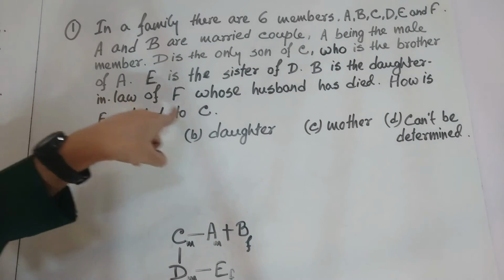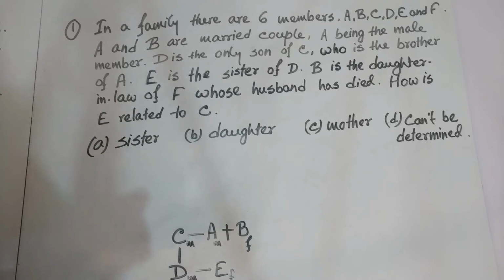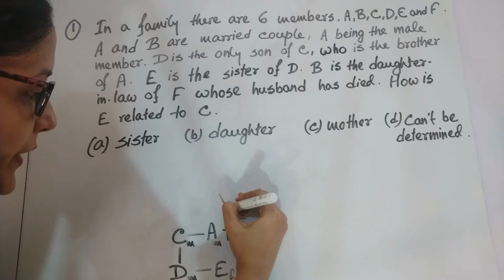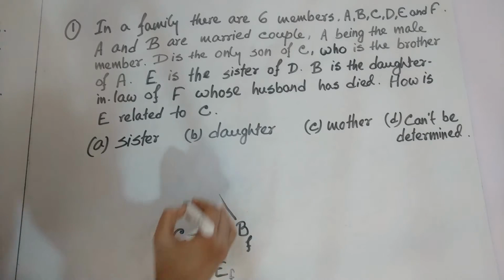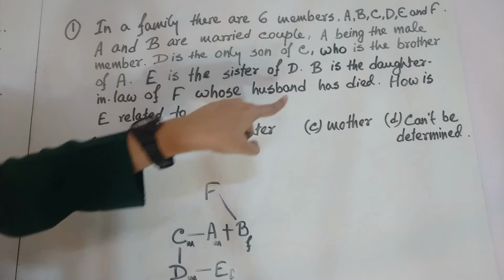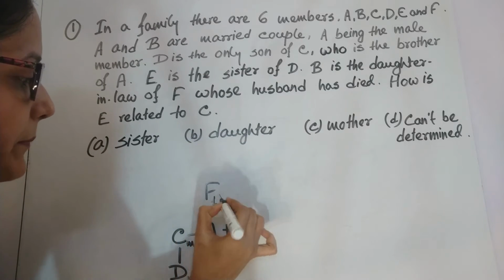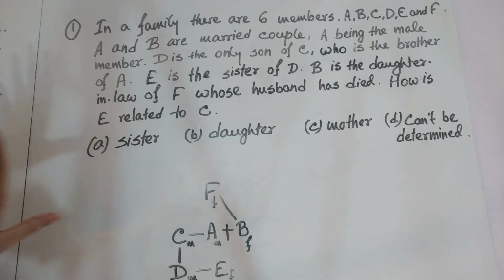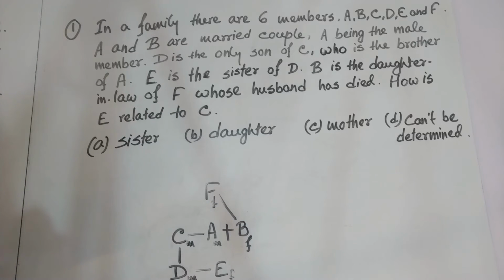Now B is the daughter-in-law of F, that means F belongs to the previous generation in which B belongs. So B is the daughter-in-law of F, whose husband has died, that means F is a female member, so that her husband has died. How is E related to C?